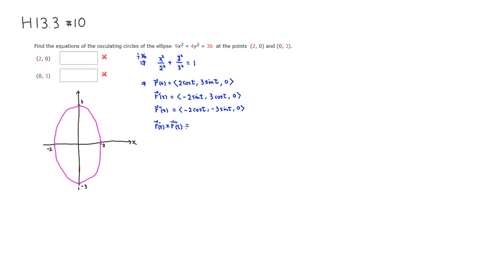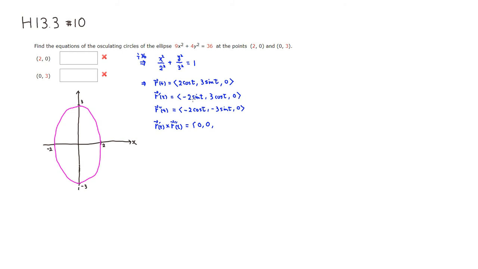The first two components come out to 0, because the curve is in the xy plane, so the cross product is only in the z direction, which makes sense.